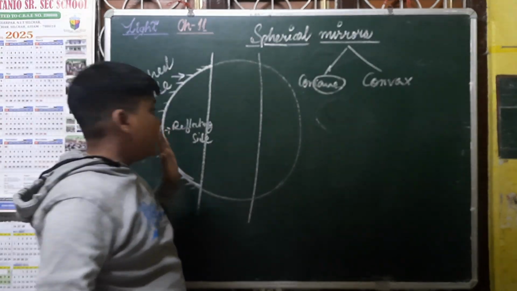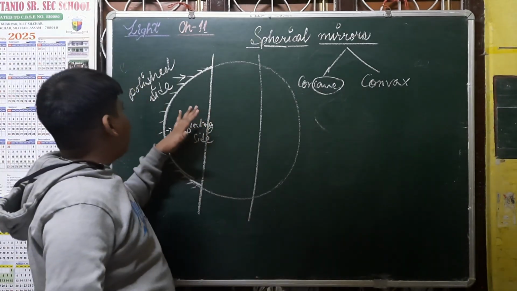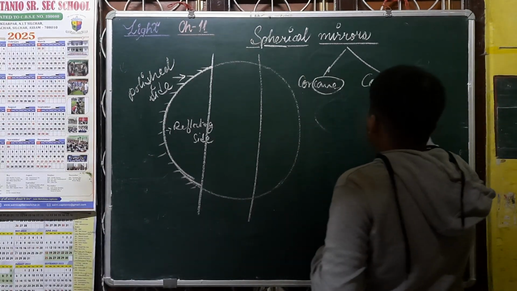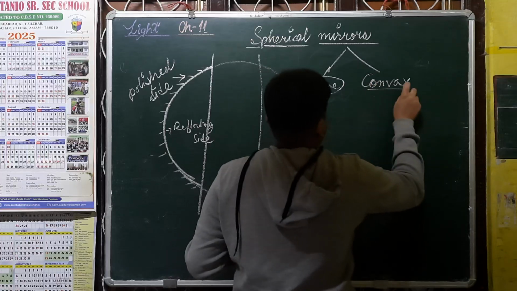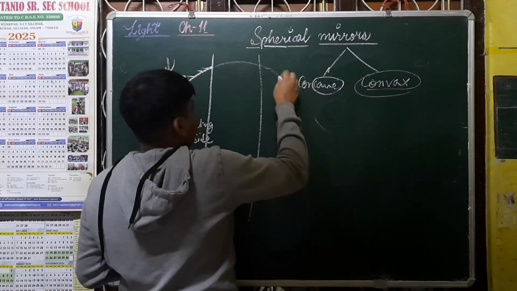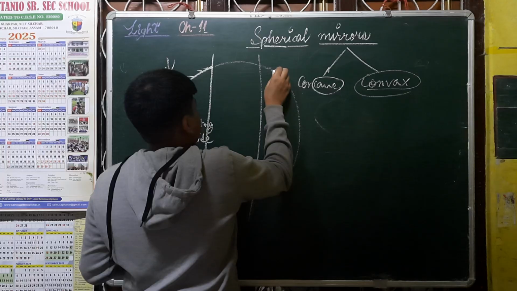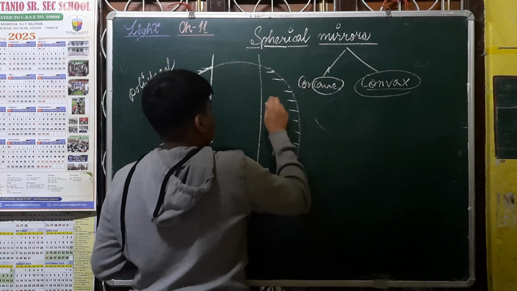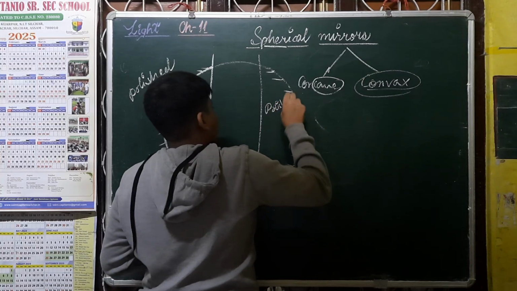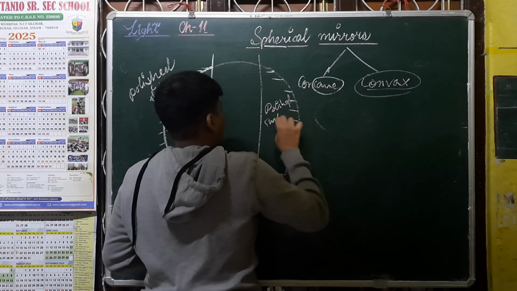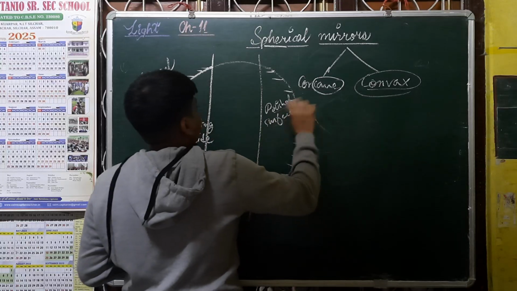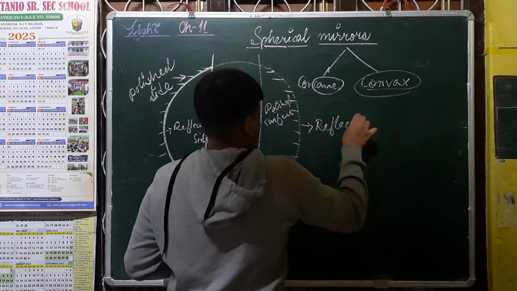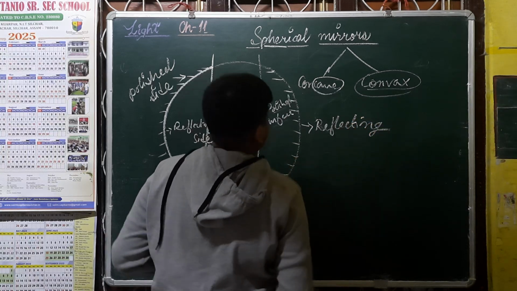Where the reflecting side will be inwards and the polished side will be outwards, and the opposite will be in the convex mirror. Here the inner surface will be polished and the outer surface will be reflecting.